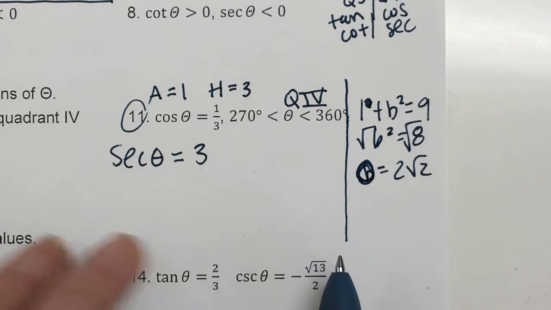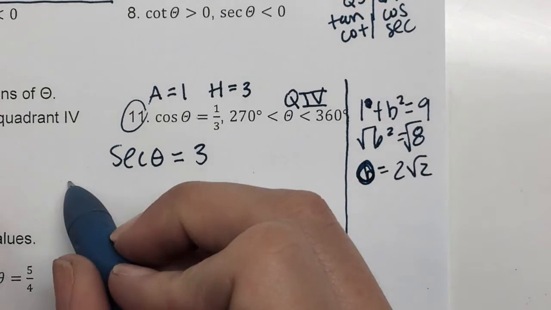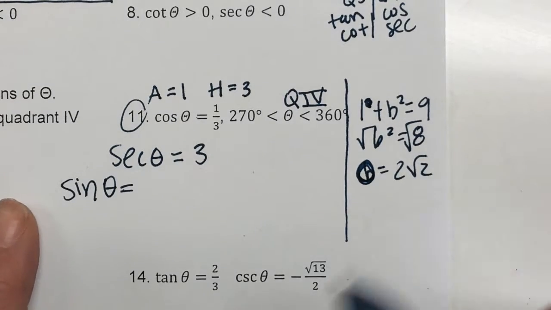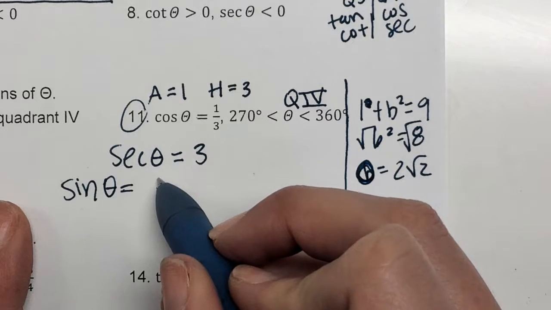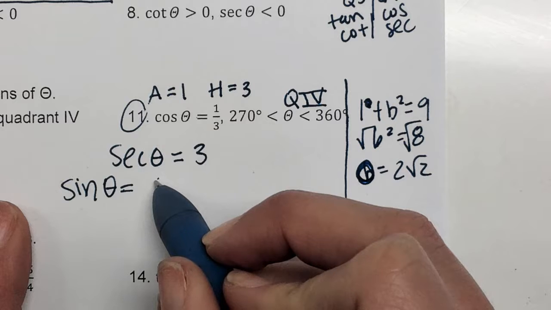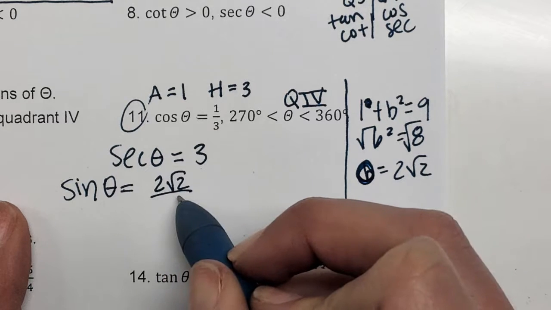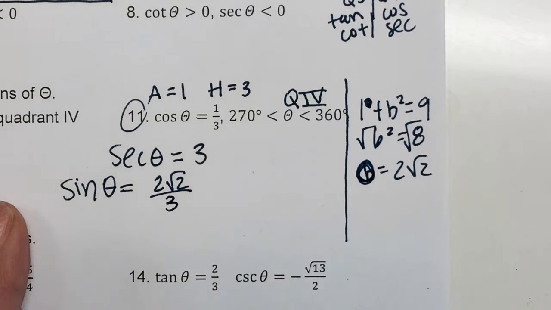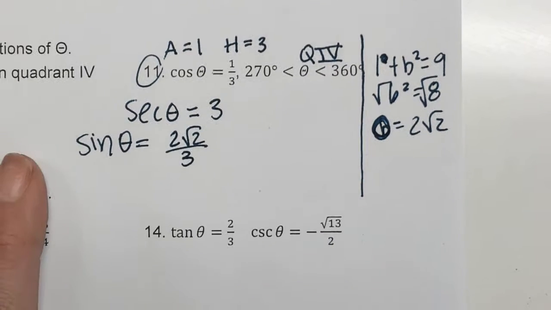Alright, give me a trig function. Sine. Alright, so that would be what over what? So 2 square root of 2 over what? Am I missing anything? Are you sure? Negative. Good.